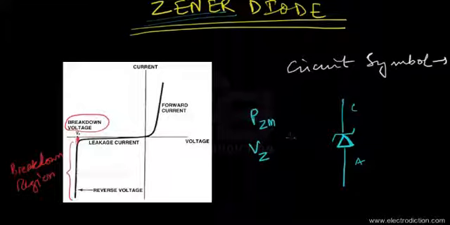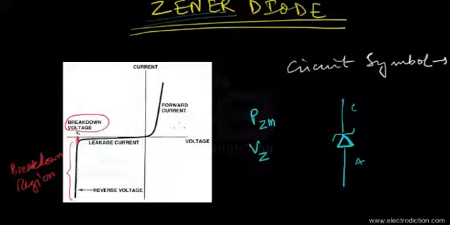For every Zener diode there is a particular breakdown voltage and a corresponding maximum power dissipation capability. Whenever the Zener diode operates in the breakdown region, it gets hot due to conduction of a sufficient amount of electric current through its reverse biased PN junction.